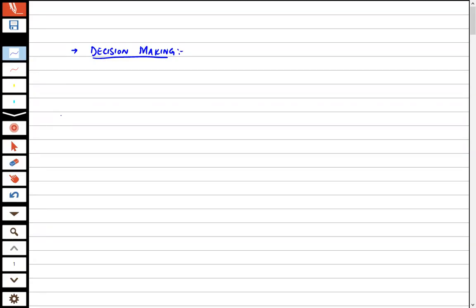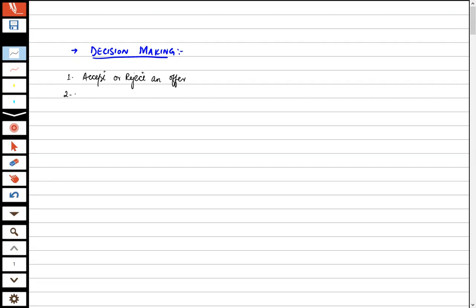They will quote an offer for the organization as well. So the first decision-making scenario is to accept or reject an offer: whether a third party has offered the raw material or the product at a cost that is acceptable for the organization or not. That is, accept or reject an offer.